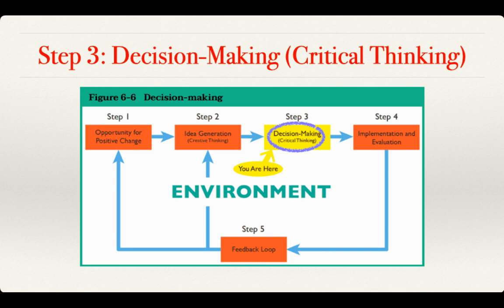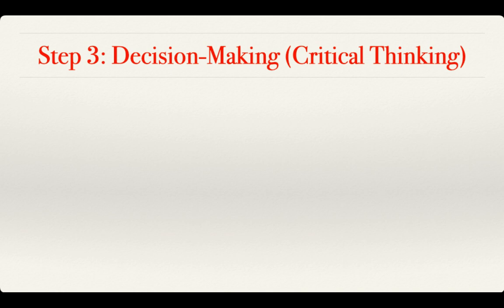With step 3, it's a little bit different. Now it's critical thinking, because we're going to evaluate each of the ideas that we put out there in step 2, or the combination of ideas, so that we can decide on how to move forward. Basically, we're weighing the pros and cons of each of the ideas that we brainstormed in step 2 so that we can choose the best one or ones.